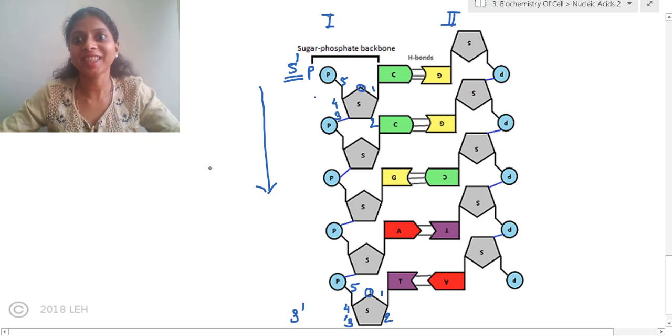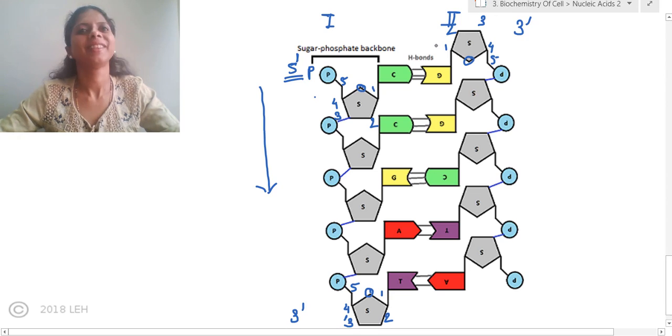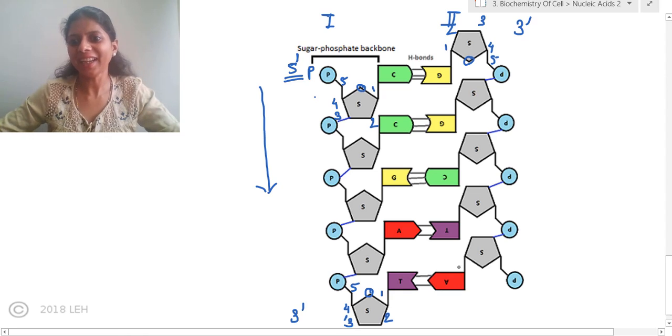On the other hand, see the second strand which is in front of it. Let us mark the carbons: O, first carbon, second carbon, third carbon, fourth and fifth carbon. So this strand starts with the third carbon, and ends at, let us see the last nucleotide, O, 1, 2, 3, 4 and 5.